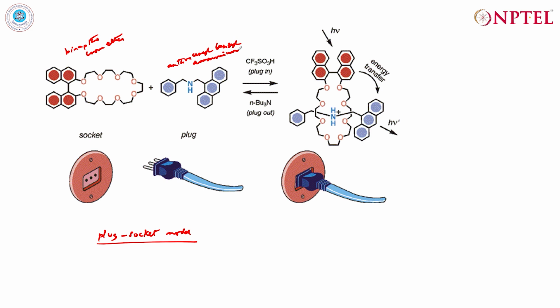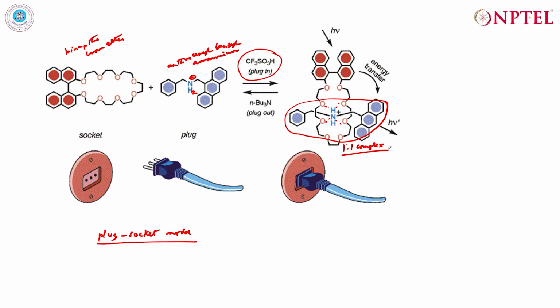Now what happens is that when you add an acid, trifluoromethanesulfonic acid here, then this particular nitrogen gets protonated and forms a new species where there occurs threading, where the anthracenyl moiety forms a new chemical entity. And you can see here that this new chemical entity has hydrogen bonds which stabilize this particular 1:1 complex.